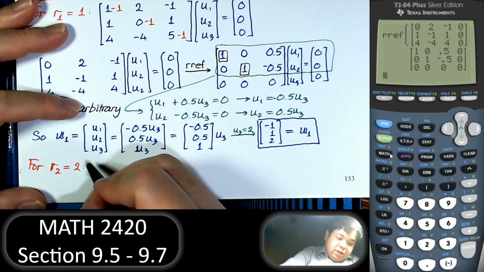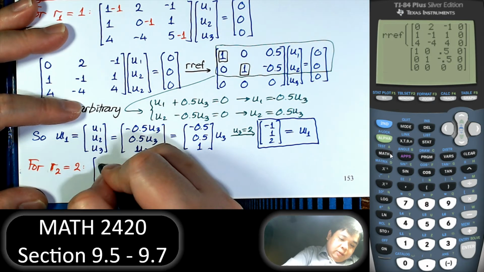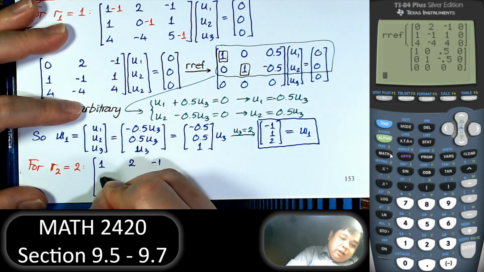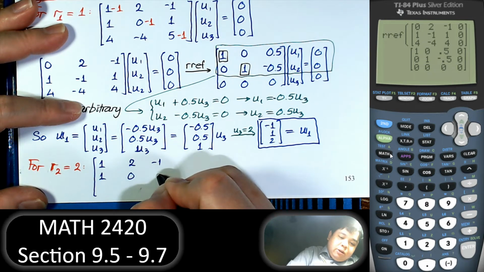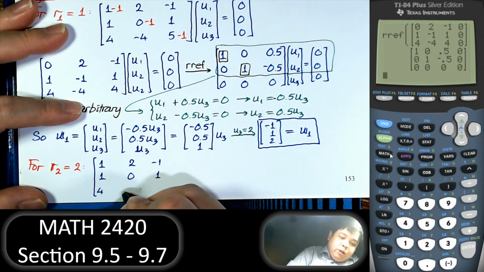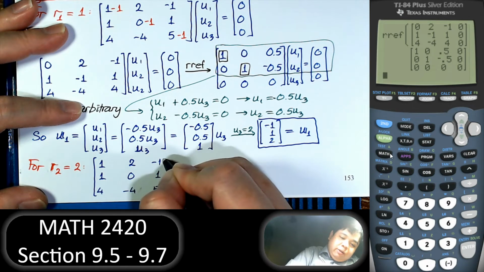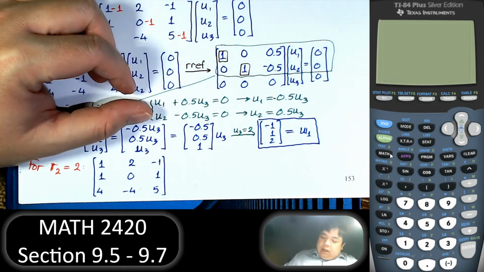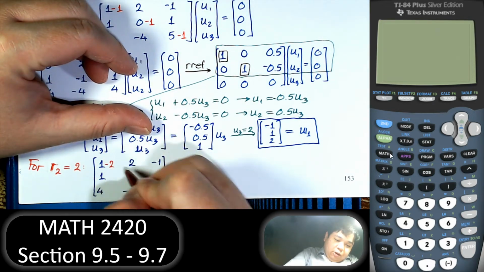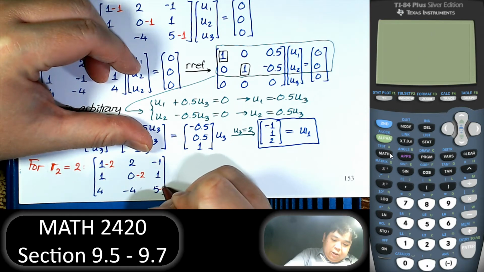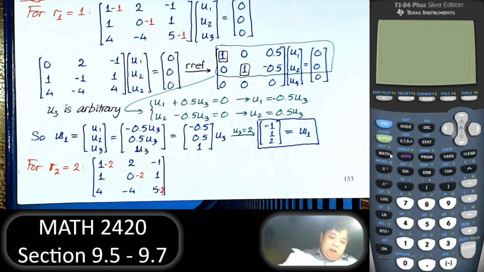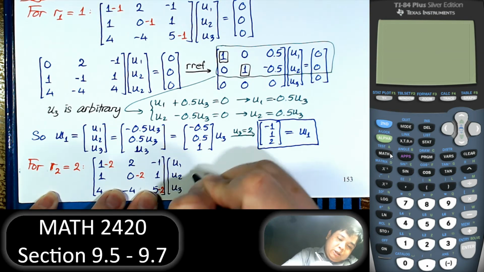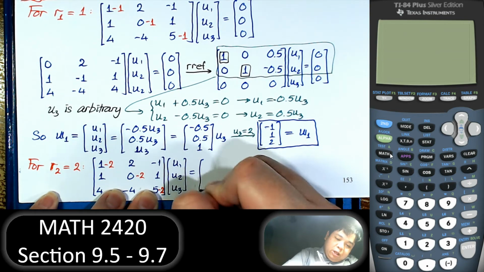Right, so the matrix 1, 2, negative 1, 1, 0, 1, 4, negative 4, 5, and then minus 2 on the diagonal, times U1, U2, U3, has to be equal to 0, 0, 0.